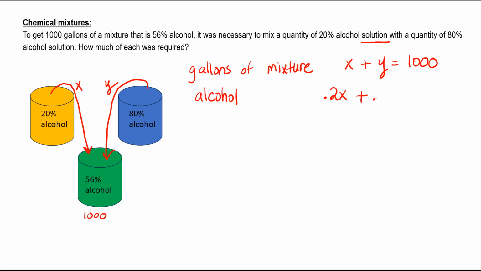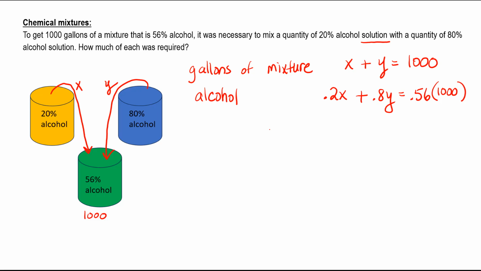So 0.8 of those gallons are alcohol. And then I want to end up with a 56% solution. So I want it to be that 0.56 of these 1,000 gallons are alcohol. So we wrote an equation about gallons of mixture, and then we wrote another equation that's just about the alcohol. All right, so now we have 2 equations and 2 unknowns.